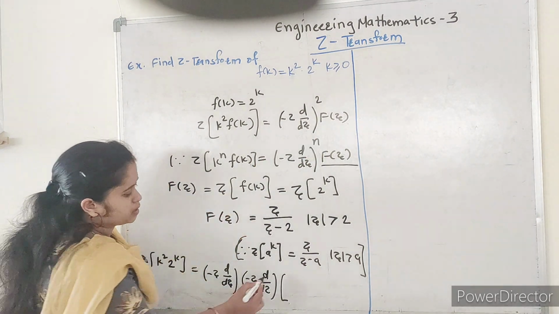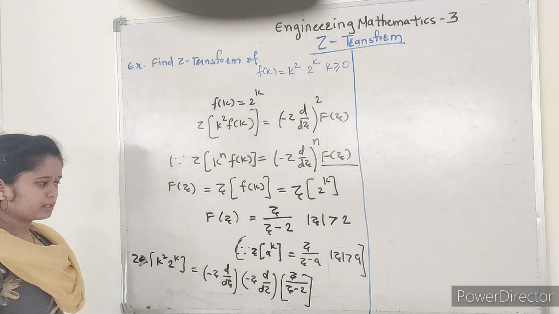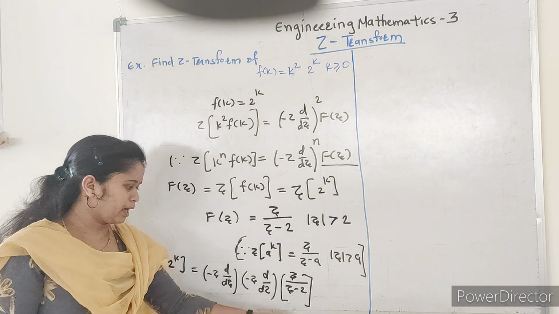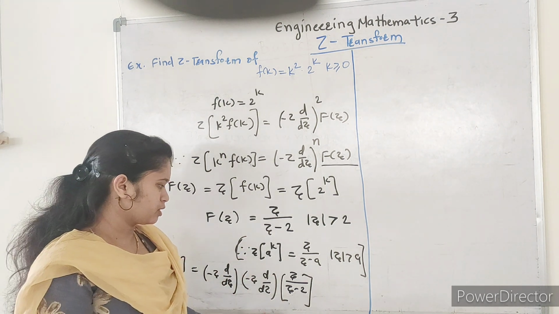F of z is z upon z minus 2, correct? First we find the first derivative and after that the second derivative. So first we find the first derivative.